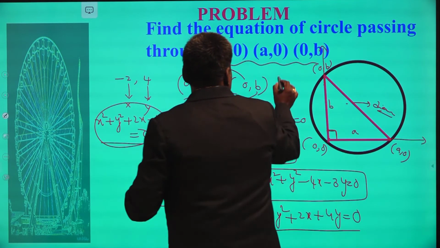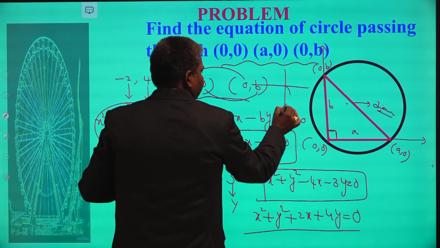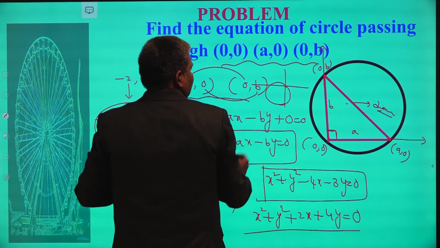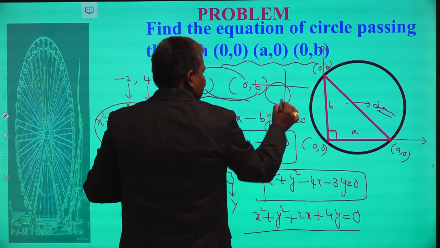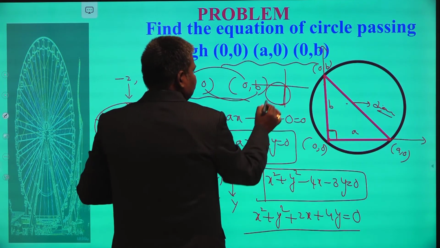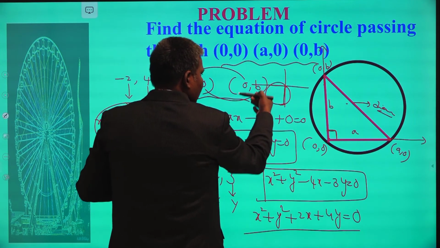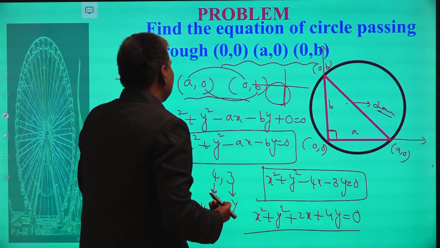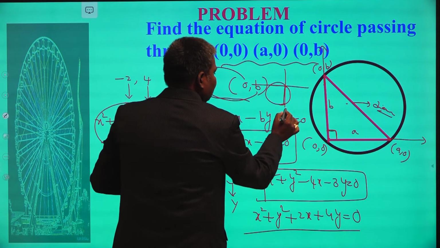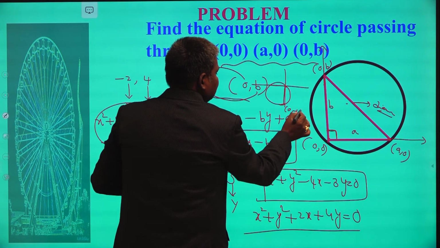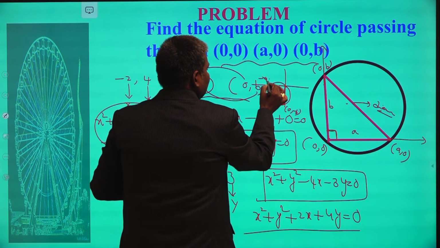Suppose your circle is in this manner: it is a negative x-intercept, and also a negative y-intercept. Its length is positive, but we have to indicate it in the negative way. That is, here this is 0 comma minus b, and this is minus a comma 0.